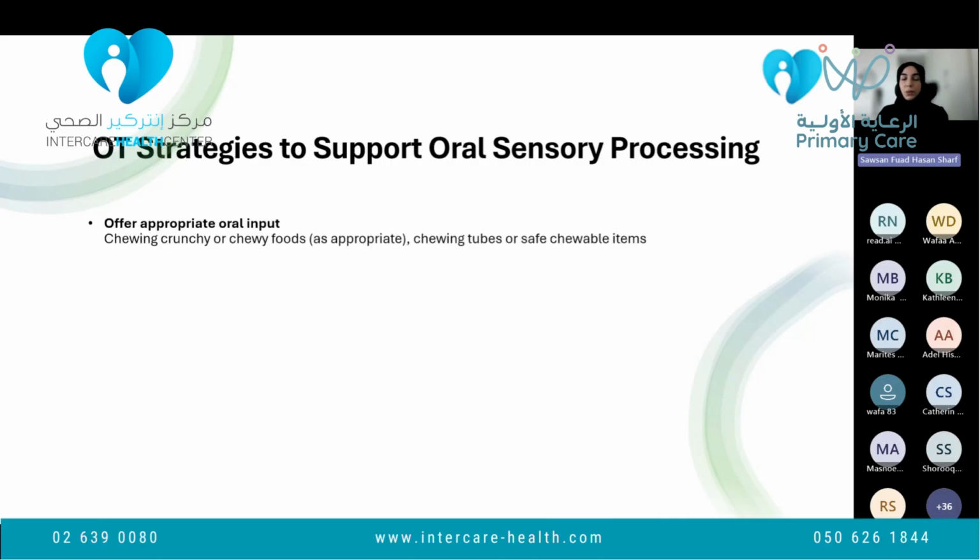So what can we do to support these children? We can offer appropriate oral input. If we understand the reason, as I already mentioned, for example, if the child has difficulty in proprioception, we can give deep sensation.